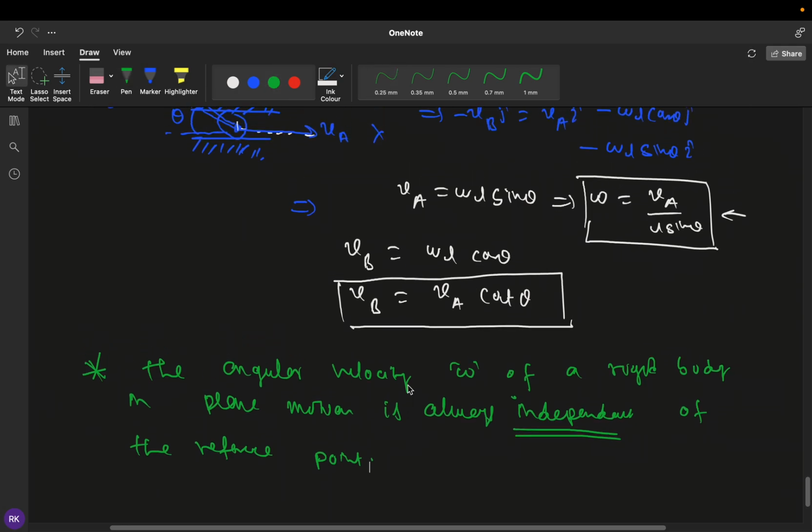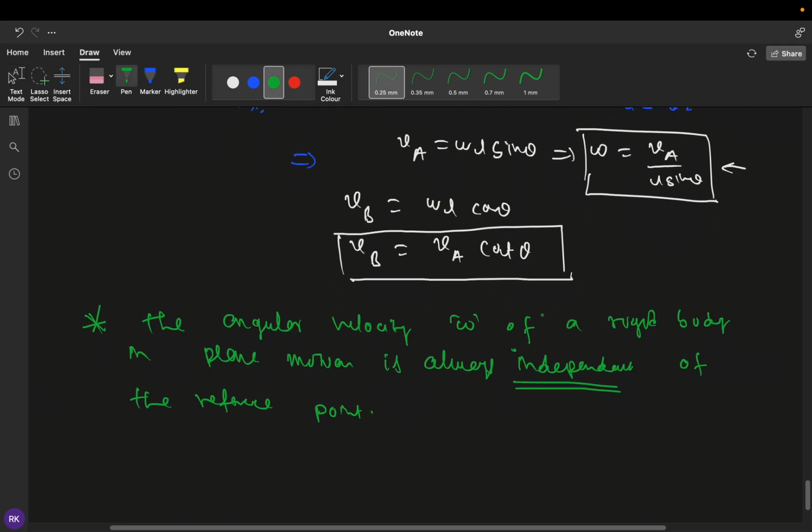Which means that if you have the omega of any rigid body, it doesn't depend on the reference frame, it always remains the same. If you have the omega of a certain rigid body, and someone is assuming that it is rotating about some reference point, and someone else is assuming it is rotating about another point, the omega will remain the same. It does not depend on the reference axis or reference frame.